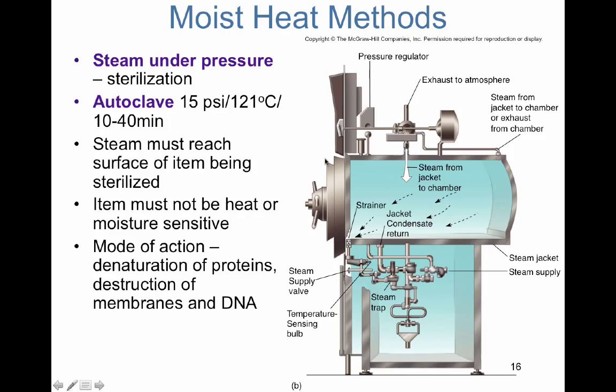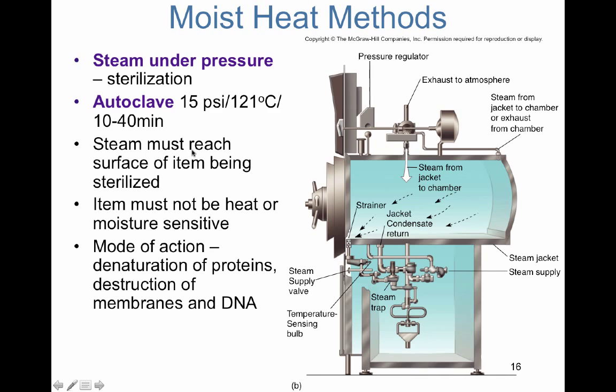And this is the machine I mentioned before, this autoclave. So it will apply very high pressure, high temperature, and it is steam. So it's moist heat under pressure, and this allows us to attain sterilization of any heat non-sensitive materials that we would place in this machine.